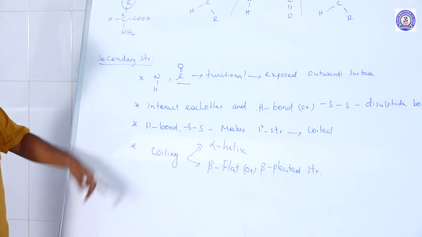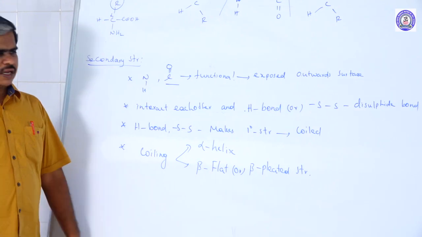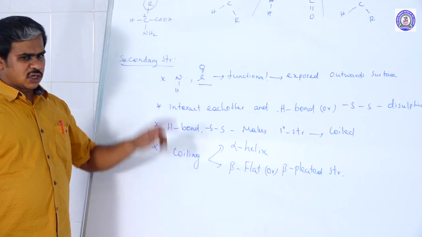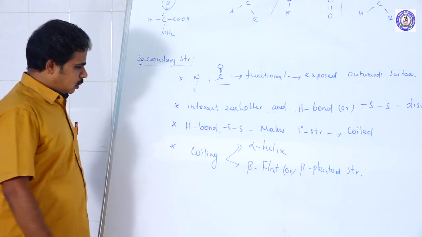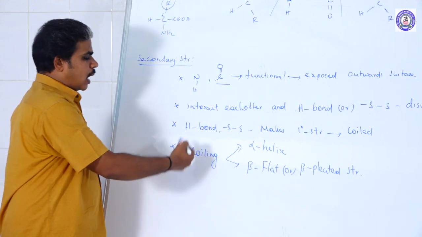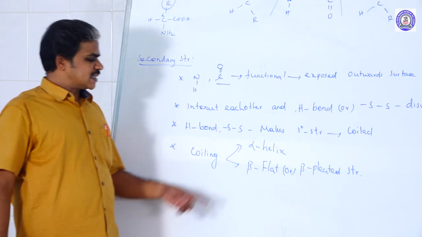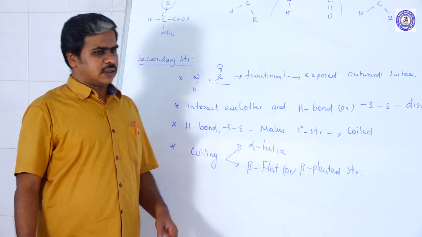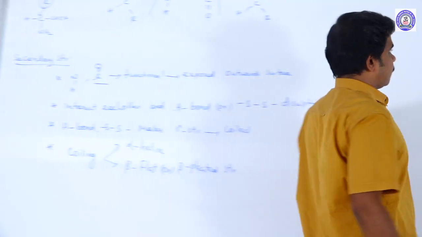So, in the secondary structure, hydrogen bonds and disulfide bonds form between the functional groups because they are exposed outwards. Because of this hydrogen bond and disulfide bond, coiling is possible, and the coiling may be of two types: alpha helix and beta pleated. Now, we are going to the alpha helix structure.